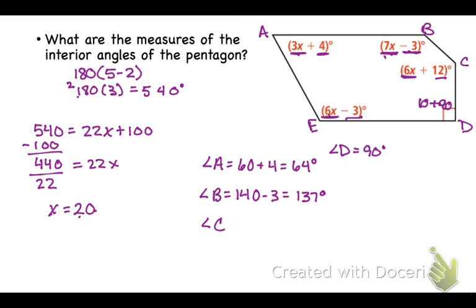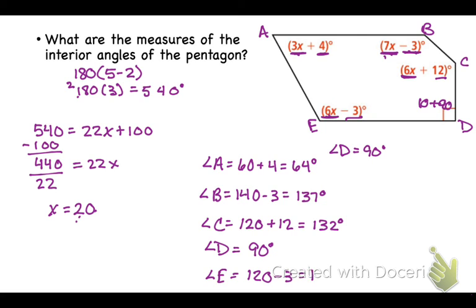Angle C is going to be 6 times 20, which is 120 plus 12, is 132. D was 90, right? And E is 120 minus 3, which is 117.